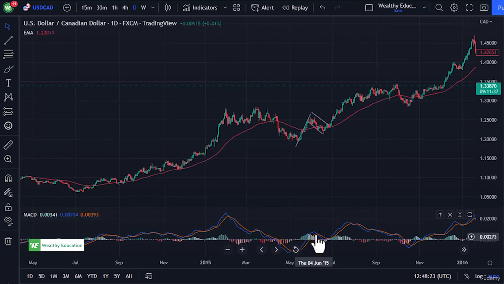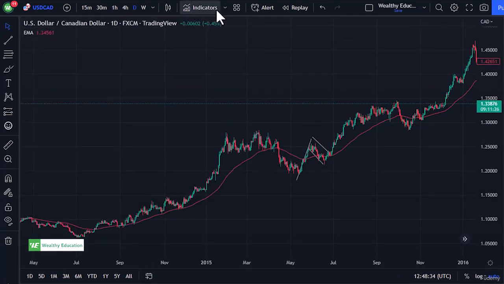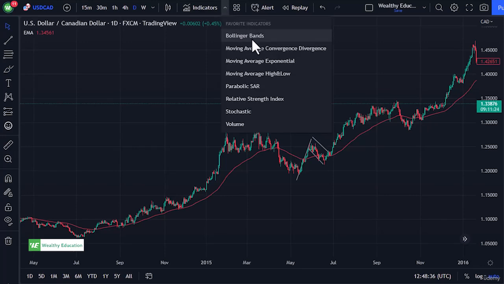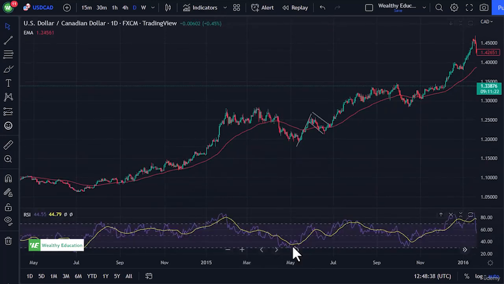You can see that we crossed the zero line in the MACD, which of course is a pretty nice pattern, nice confirmation of the pattern. You could do an RSI, but I suspect you aren't oversold.